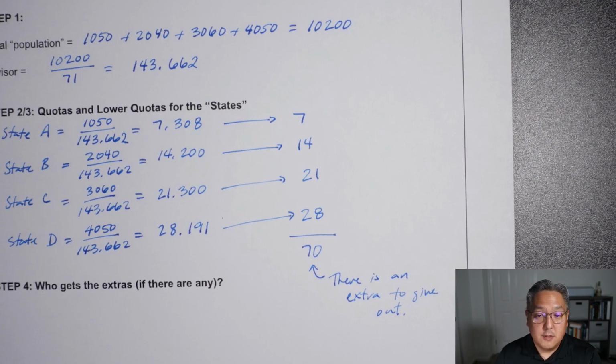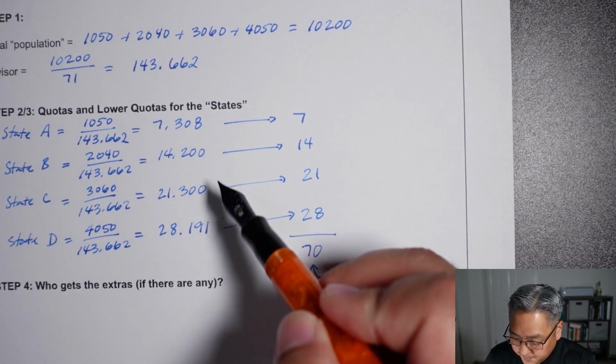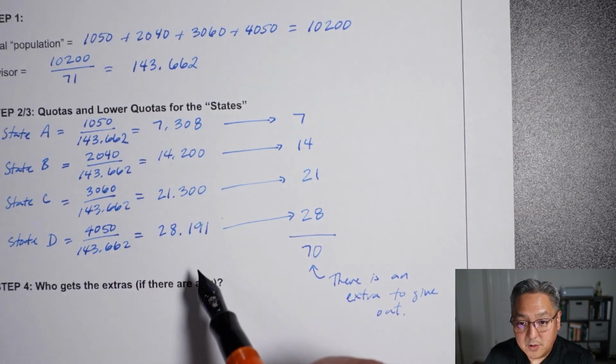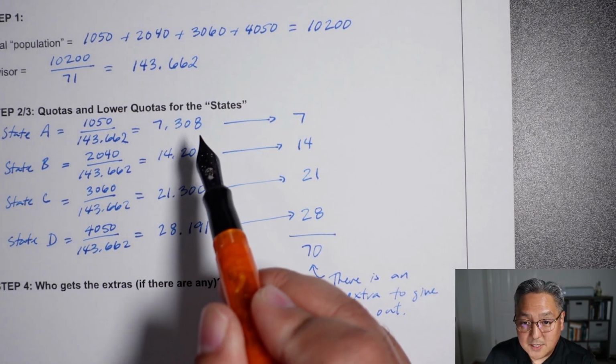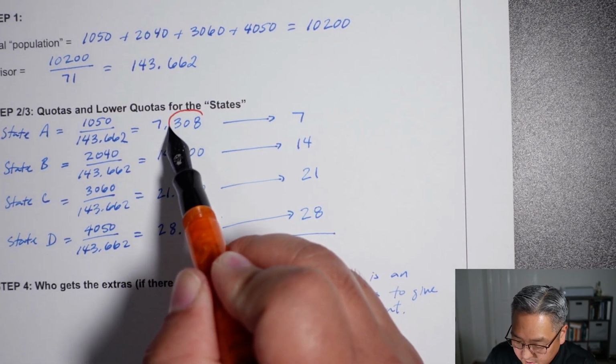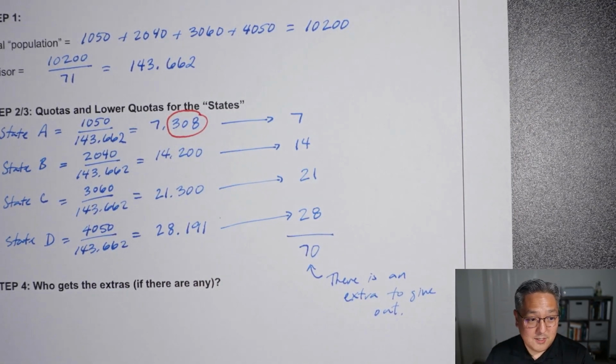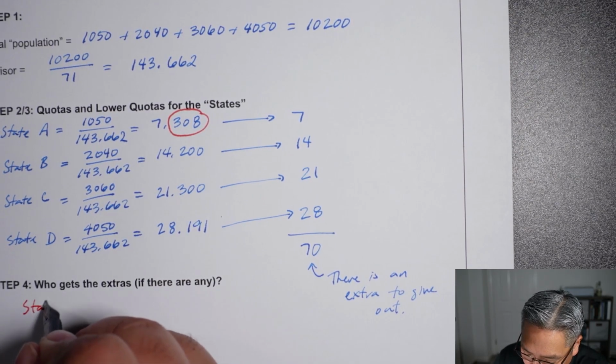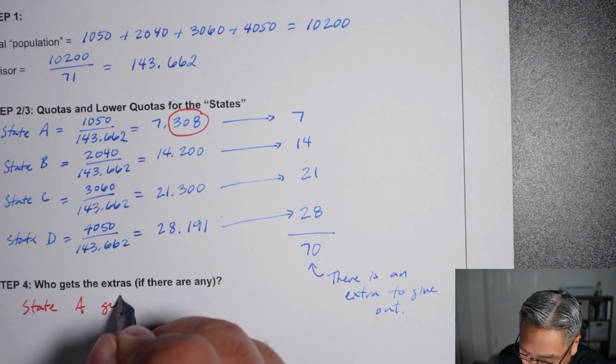It's the state whose decimal value, three places, has the highest value. So think of it like reading three-digit numbers, right? 308, 200, 300, 191. So as I read off these decimal values, 308 is my largest decimal value. So it turns out that state A gets the extra representative.